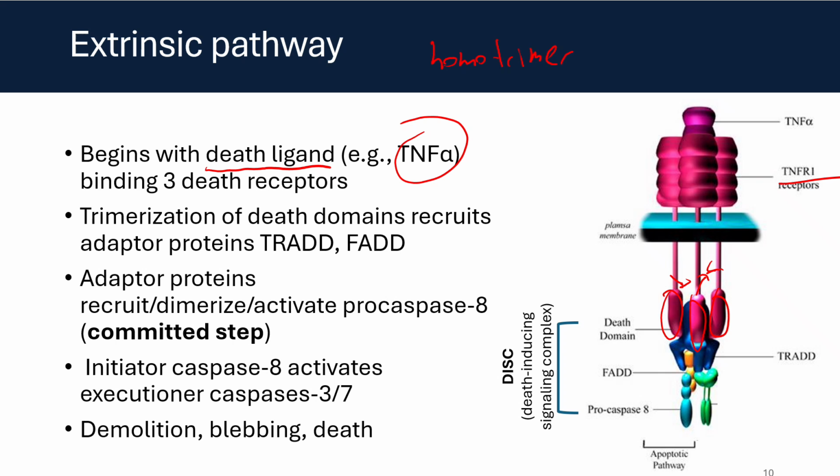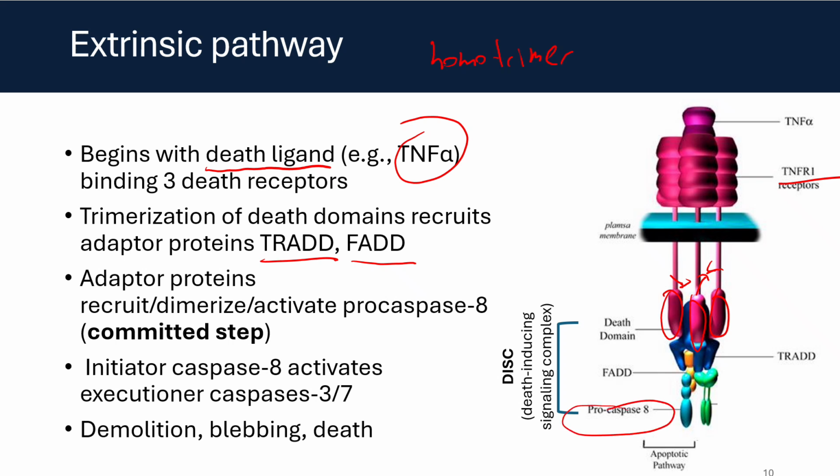These are like literal adapters that can connect various protein tools in the cytoplasm, each triggering a different pathway. It's like a domino effect. The death domains bind an adapter called TRADD, and then TRADD binds FADD, and then FADD ultimately binds and cleaves and activates an initiator caspase.